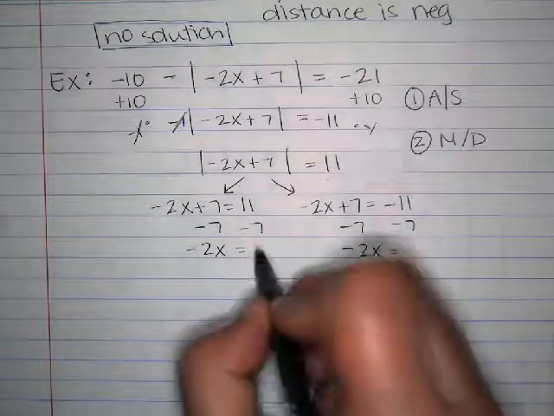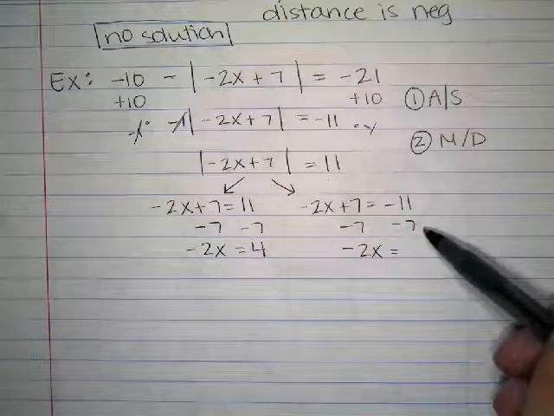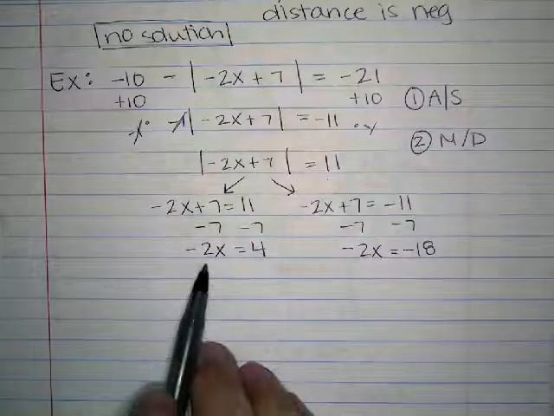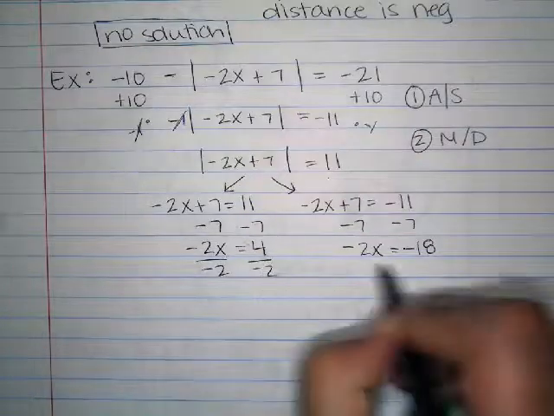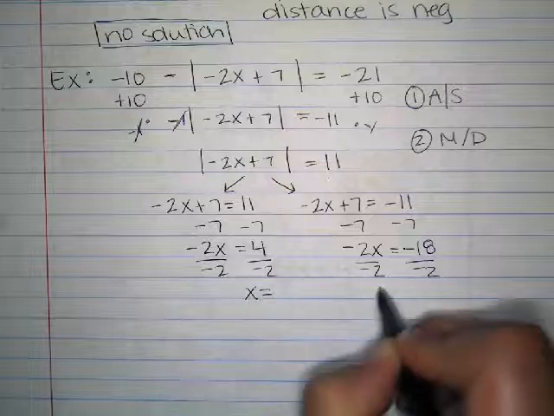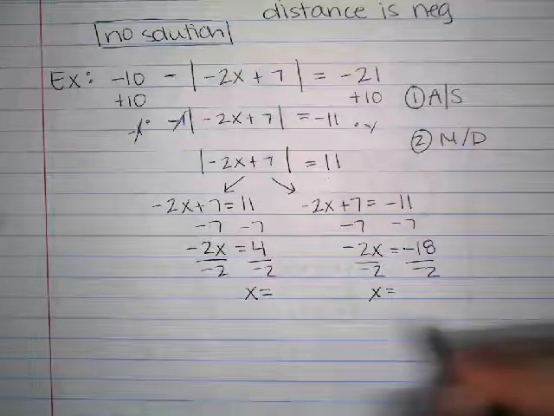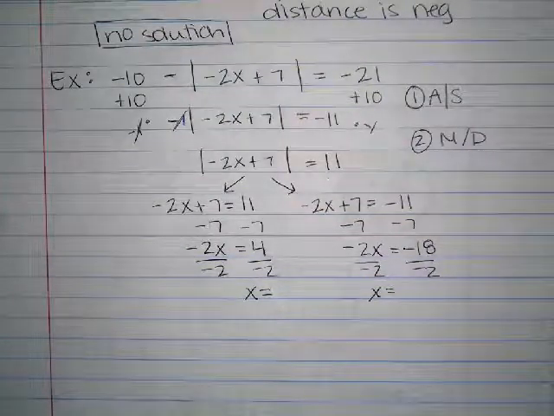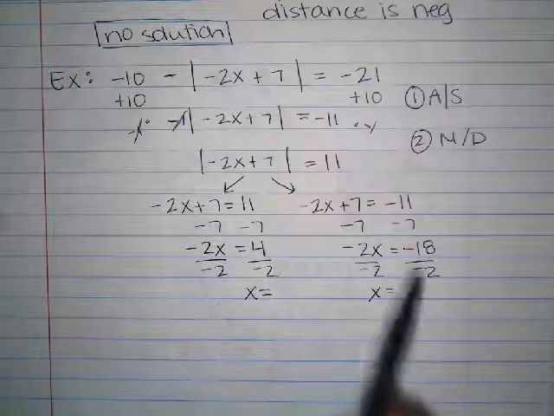Okay, and then what do we have to do? So what are the two answers? You're very close. Your signs are a little off. So positive 9 over here because you had two negatives. And then positive 4 divided by negative 2 is negative 2.